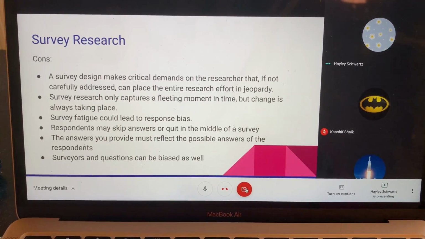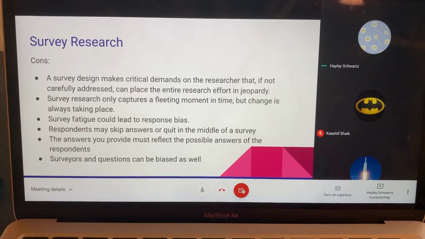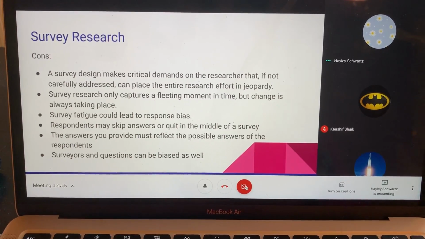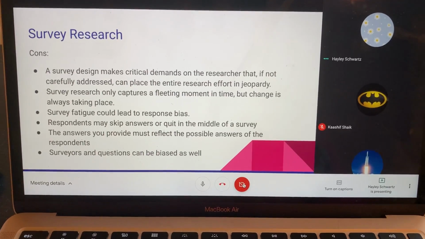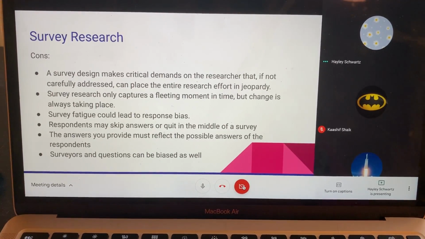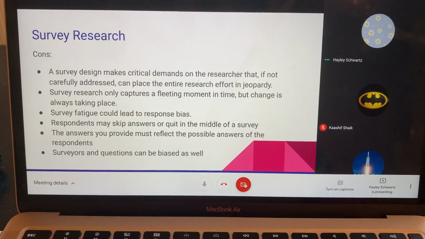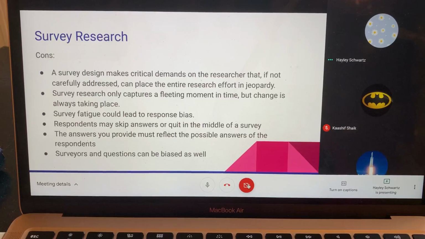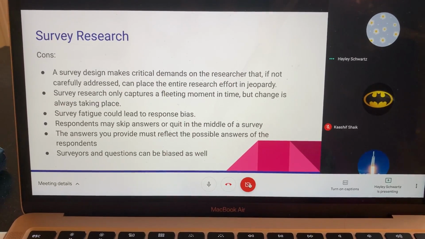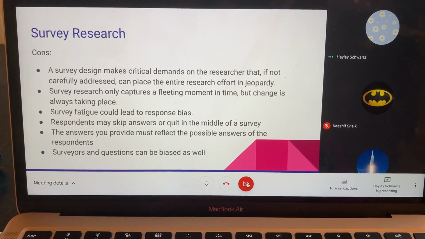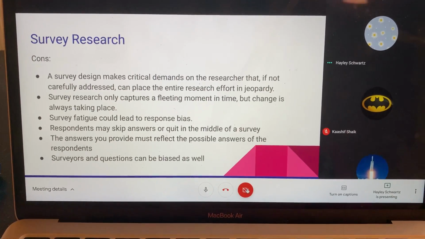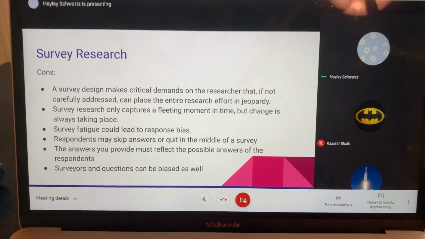People could change their answers or their thoughts after they do the survey. Survey fatigue could lead to response bias, as people get tired of answering questions. Respondents might skip answers or quit in the middle of a survey. The answer choices that you provide must reflect the possible answers of the respondents. And surveyors and questions can also be a little biased.